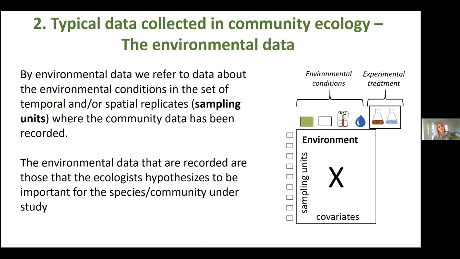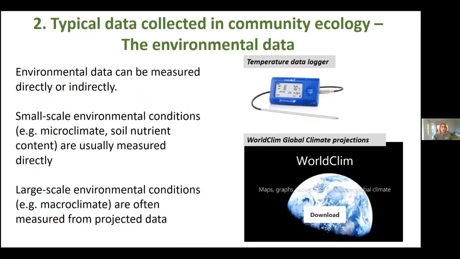If, for example, we have climatic conditions like precipitation or temperature, this is a type of continuous environmental data. And if we have the experimental treatment as a covariate, then we can include this as a categorical variable, like treatment A and treatment B. In the same way as with the species or community data, we can record this environmental data directly in the field or from already existing databases.